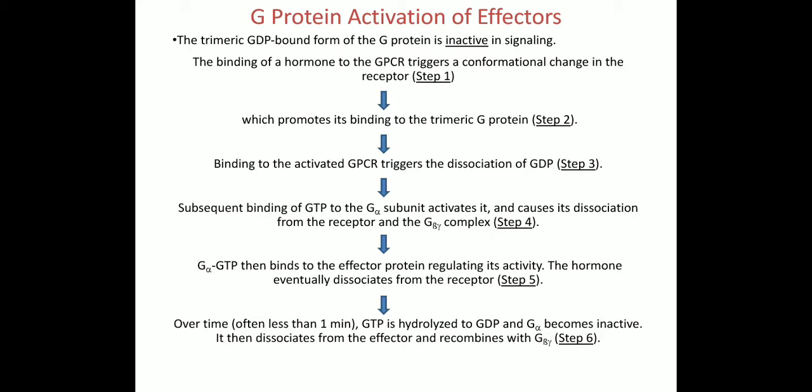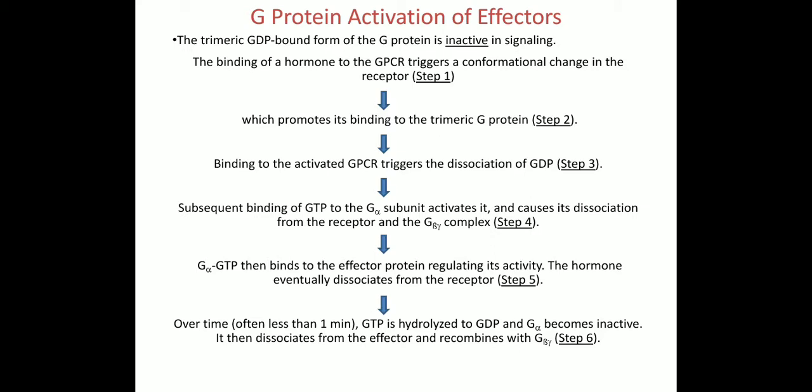Once the exchange of nucleotides has occurred, the G alpha GTP complex dissociates from the G beta gamma subunit, but both remain anchored to the membrane. G alpha GTP then interacts with and activates the effector proteins.